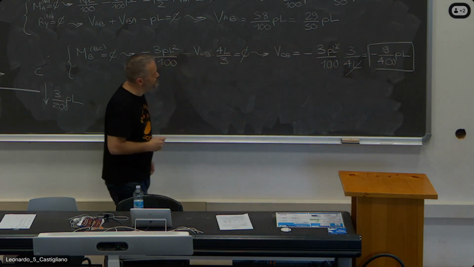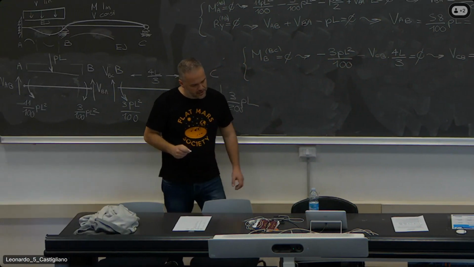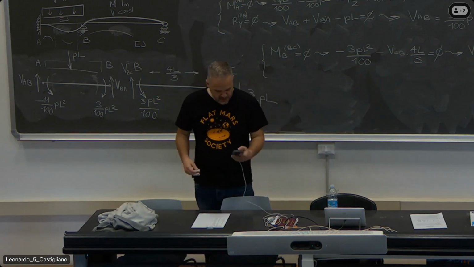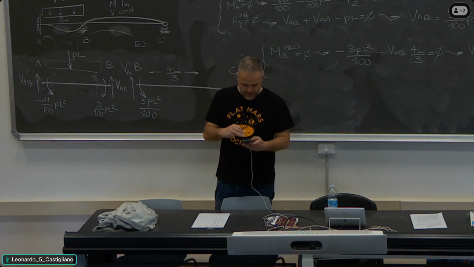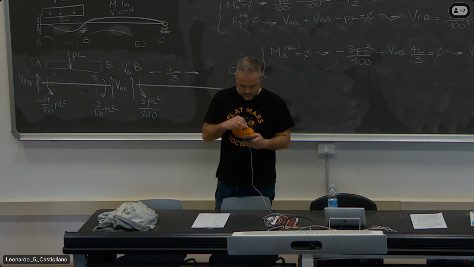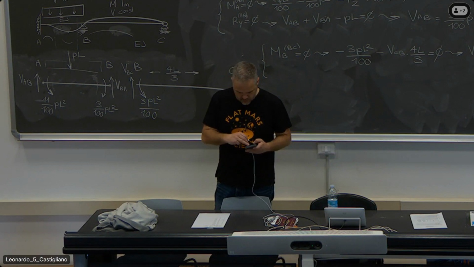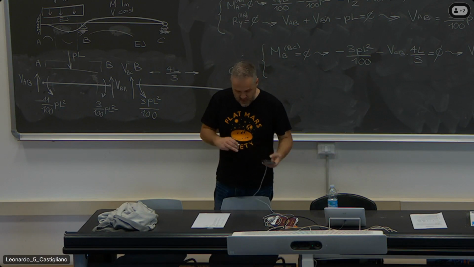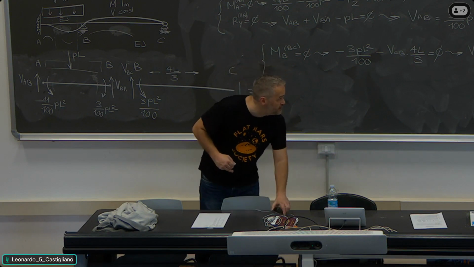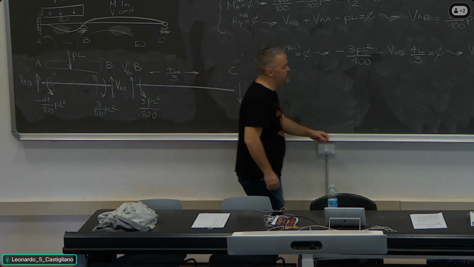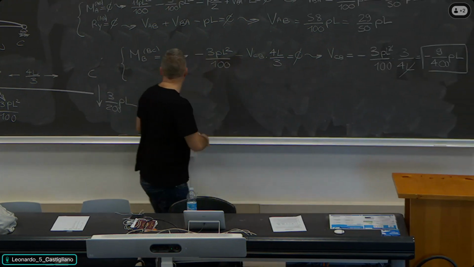Let me check, because I have here not the symbolic values, I only have the numeric values. Yes, 9 over 400. So, sorry, 9 over 400.